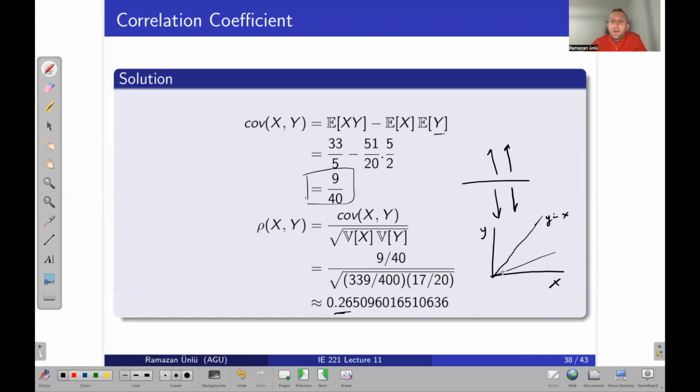So if the correlation coefficient is -1, the directions will be something like that, okay? So that's why there is a positive and relatively weak dependency between x and y, and we know that the dependency is in the same direction.